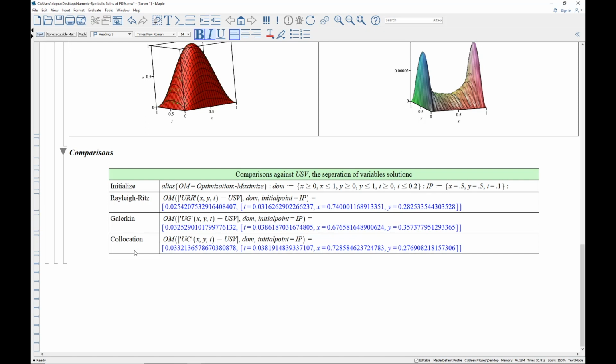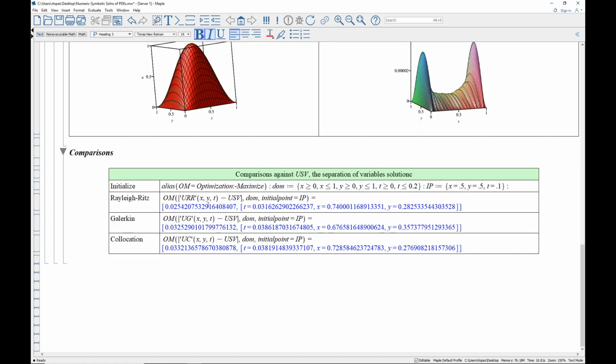These are the 3 approximate solutions I'm comparing, each as an absolute value against separation of variables. Let's see the results. Rayleigh-Ritz, the maximum difference, 0.25. That Galerkin technique, 0.32. And the collocation was 0.33.